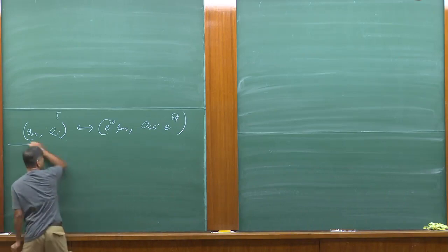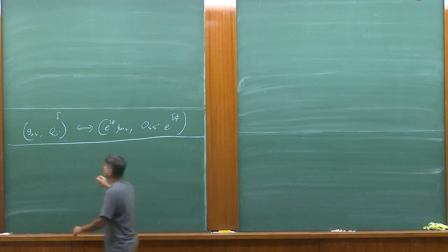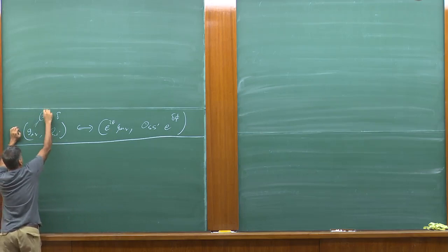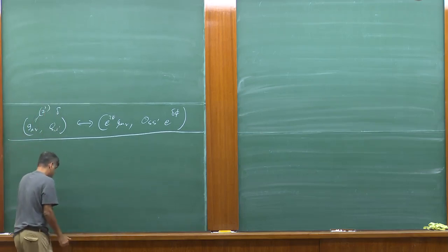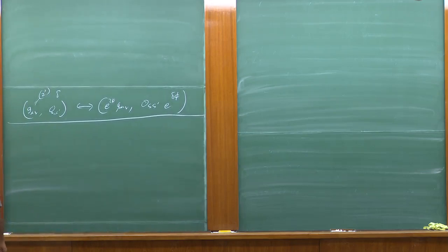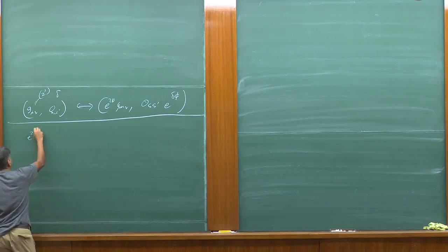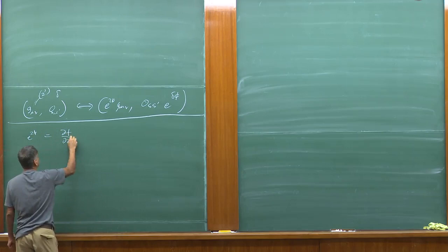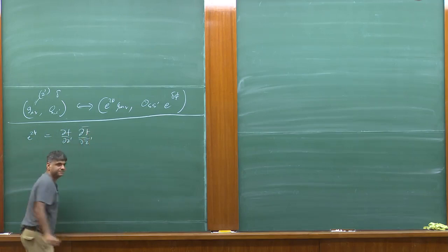Now you remember, to make this conformal transformation, we did something else. We imagined that in this metric the coordinates were z prime, and suppose e to the power 2 phi was equal to del f by del z prime times del f bar by del z bar prime.